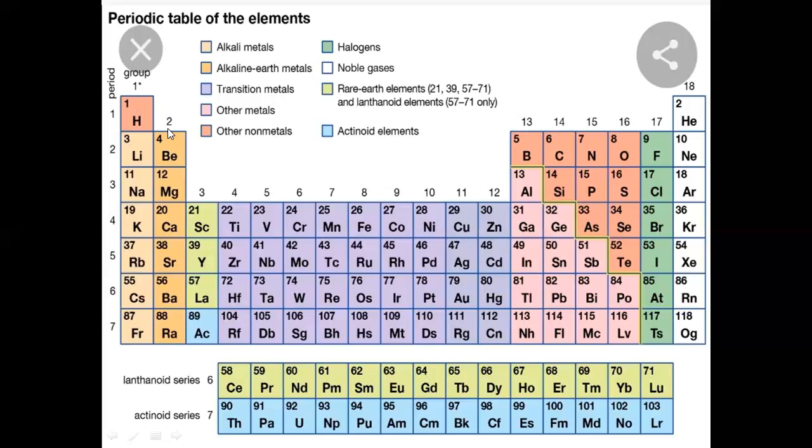We also call them group 1A, 2A, then 3A, 4A, 5A, 6A, 7A, and 8A. Their number is 8. The remaining groups here are called the B group elements, which are also 8.